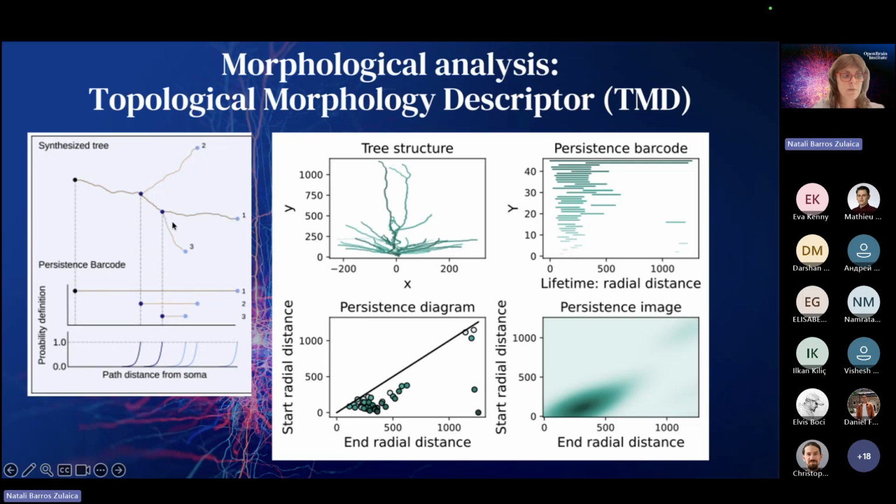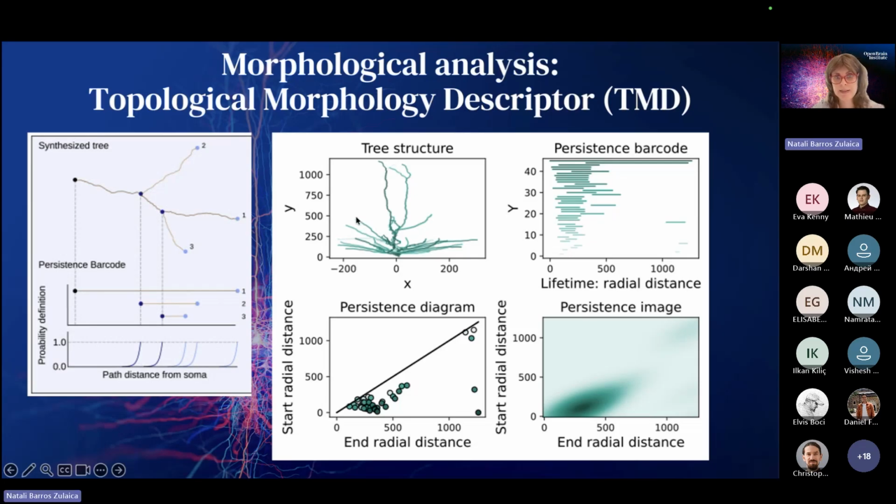For each neuron, one barcode is generated, and each barcode is unique. However, neurons that belong to the same type, shape-wise, will share similar characteristics. These characteristics can be better observed in the persistence diagram and the persistence image that belong to the barcode.